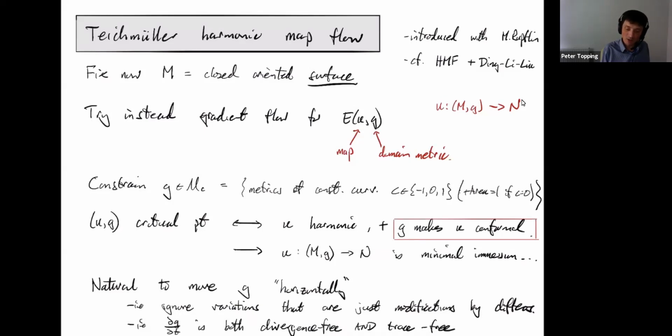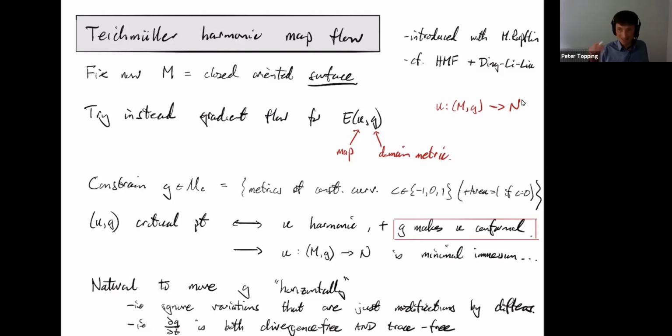So I've just said that U is harmonic and G makes U conformal. So this map here is harmonic and conformal. It might be constant, or it might have some points of 0 energy density, but that basically makes it into a minimal immersion, maybe with some branching. So basically, by considering this variational problem, you can find minimal immersions.